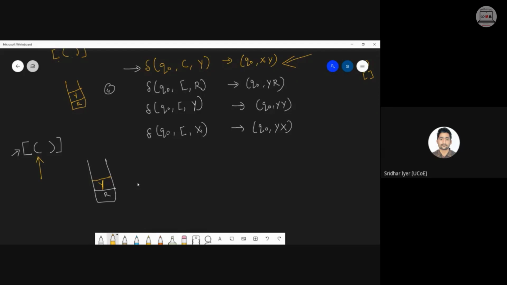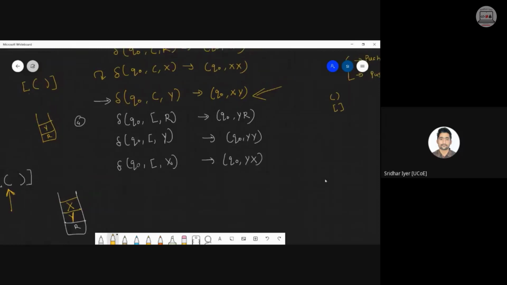Now we have encountered this opening round bracket, so I know that for each round bracket I should push an x. That is why I have pushed this x on top of y. Am I not clear now? Earlier there was y, and on top of y I have pushed this x. Did you understand now or not? On the stack, what do we write on the right side? On the right side we write what is on the top, and on the left side we write what we are pushing. Pratik, is it clear? Shreyash, kindly confirm.